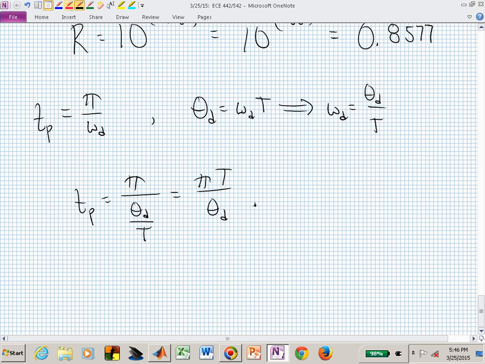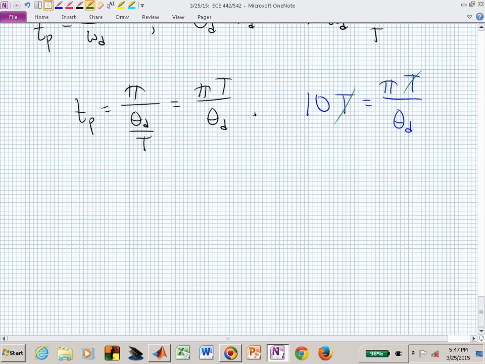And we were told that we wanted our peak time to be 10 samples, so now we have 10 T must equal pi T over theta sub d. We can cancel the T's. That's why we really didn't even need to know the sample period, but we put one in just to give us some numerical values on our time axis later.